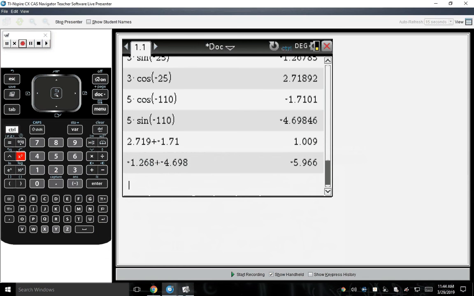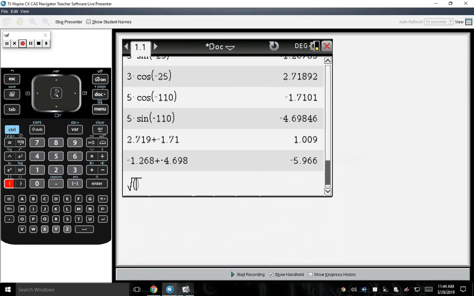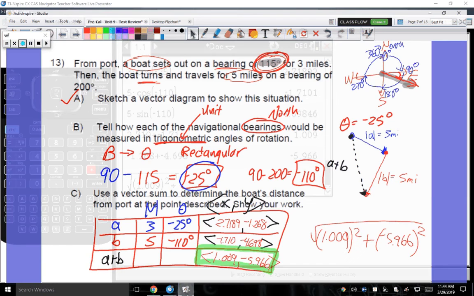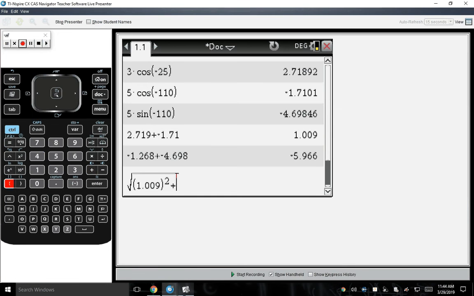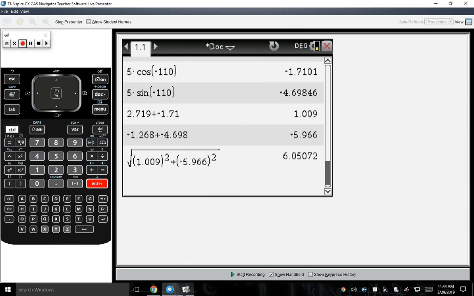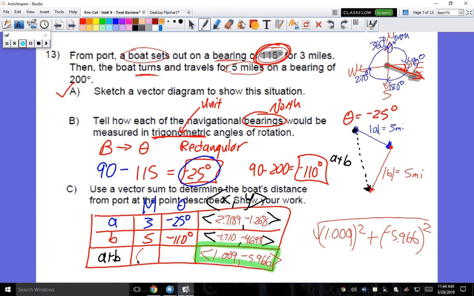So the square root of parentheses 1.009 squared plus parentheses negative 5.966, and then this one's going to be squared, and let's see what we get. We get a resultant of 6.051. So 6.051 is the resultant.